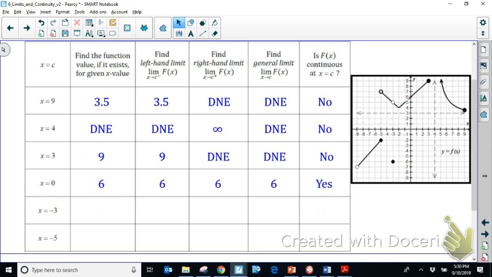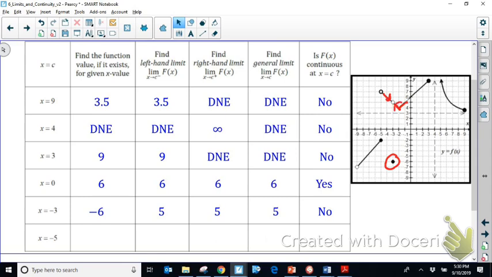Moving on to negative 3, when I evaluate it, I do have a value down here at negative 6. That's why we're substituting there. And here's the left-hand limit and here's the right-hand limit right here.